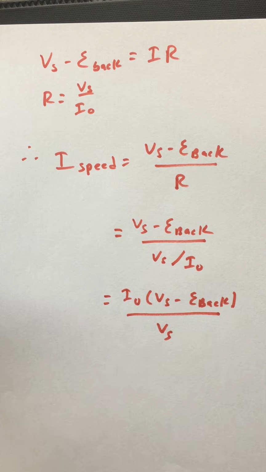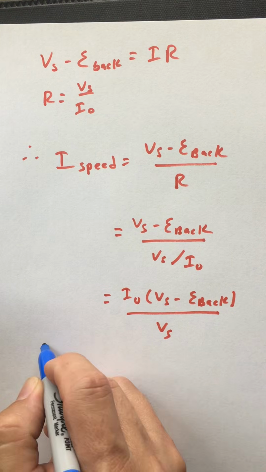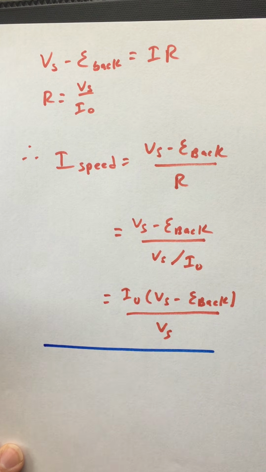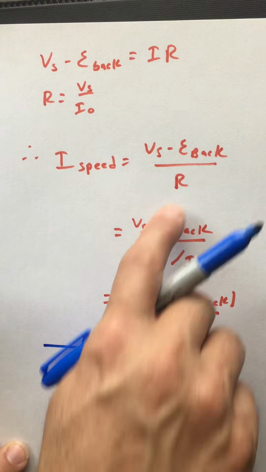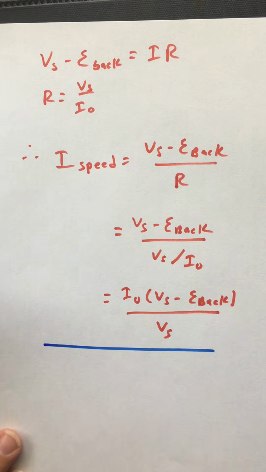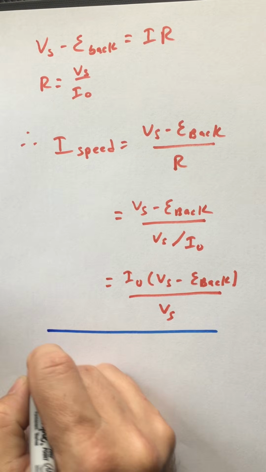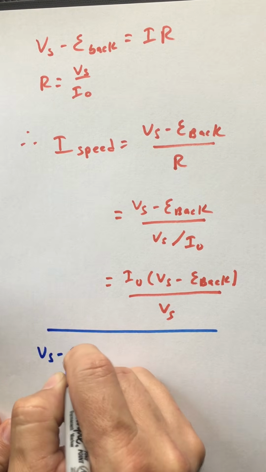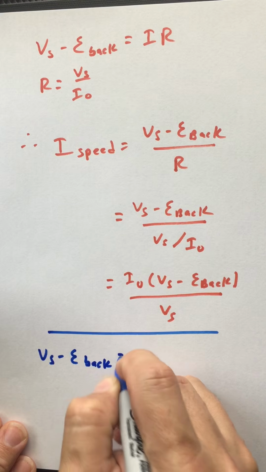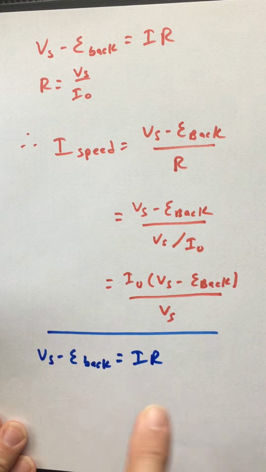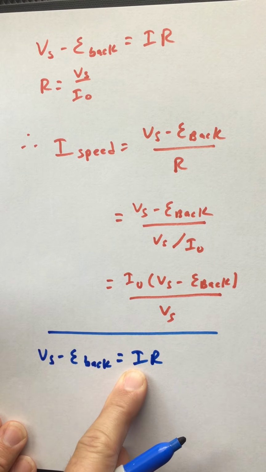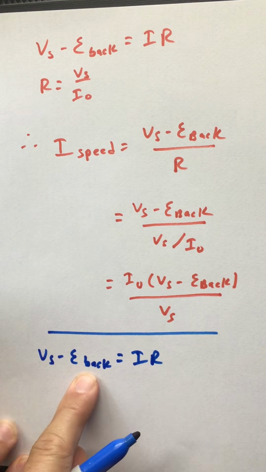Another way they could go is to give you the current at speed and ask you to solve for the back voltage. So you still know the resistance. Let me write that equation again. Vs minus E back is equal to IR. So this time they're going to give you I at speed and ask you for the E back.